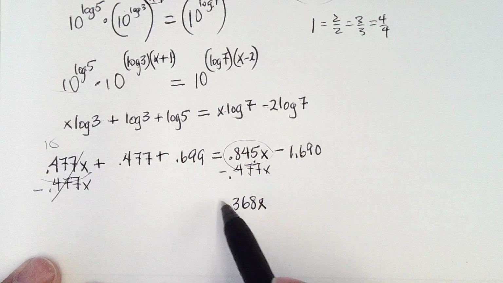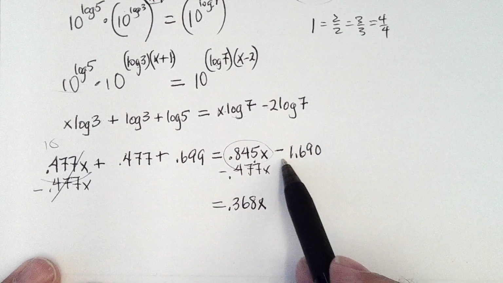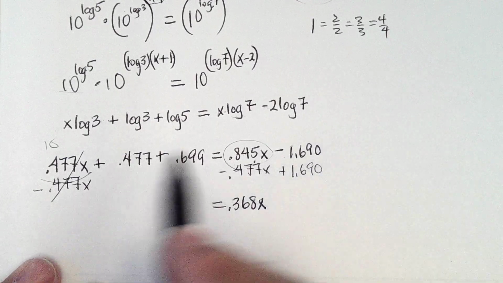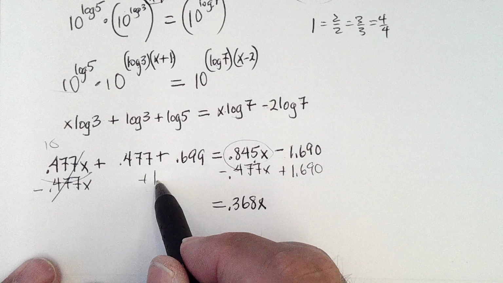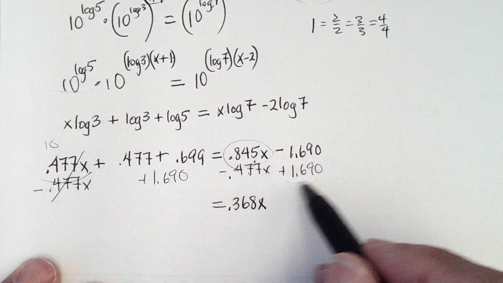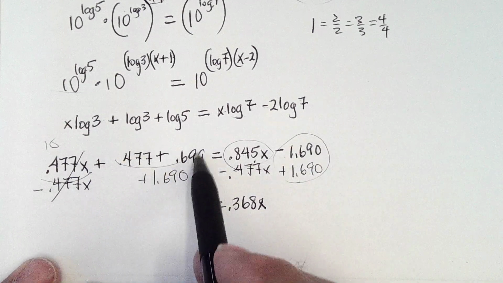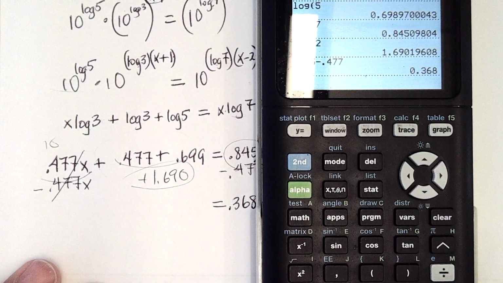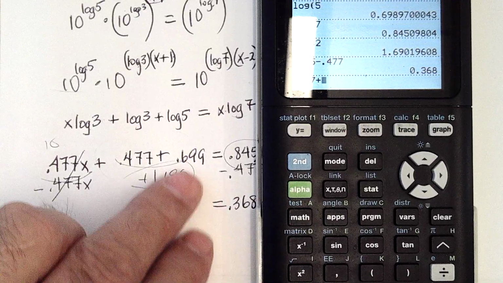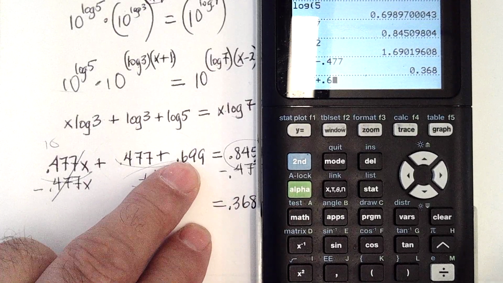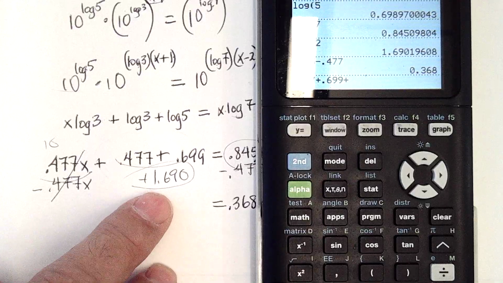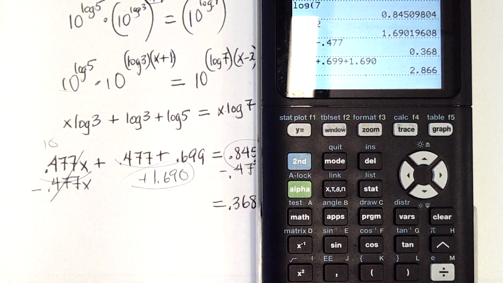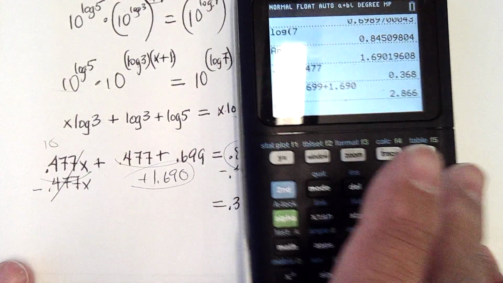These are gone. And now I'm going to add this to both sides to get this out of here and combine it with these. So I'm going to have 0.477 plus 0.699 plus 1.690, and I get 2.866.